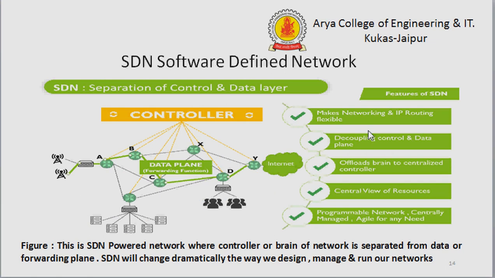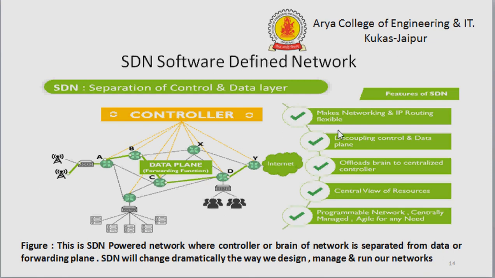This is a figure which shows an SDN powered network, where the controller, the brain of the network, is separated from the data or forwarding plane. SDN will change dramatically the way we design, manage and run our networks.